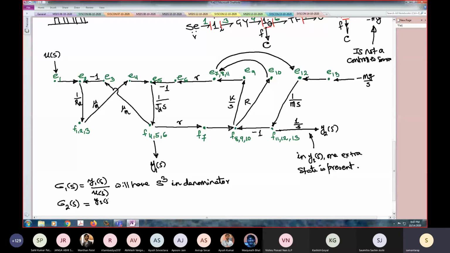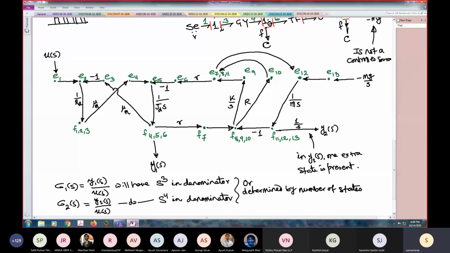We say order of transfer function, the numerator is always of lower order, maybe maximum same as the denominator. So the order of the transfer function is determined by the number of states in the system.